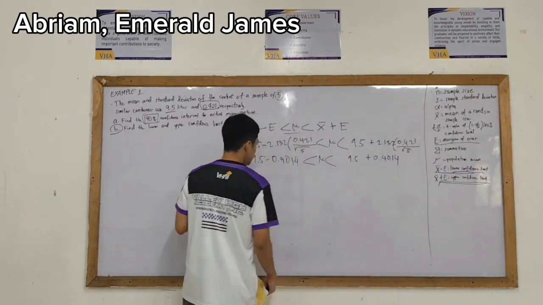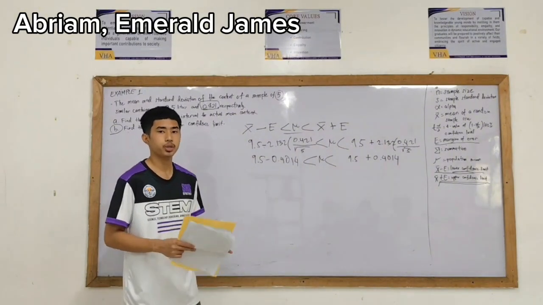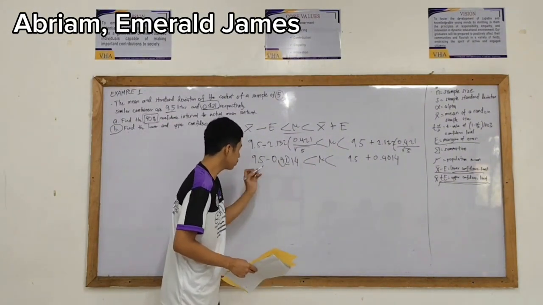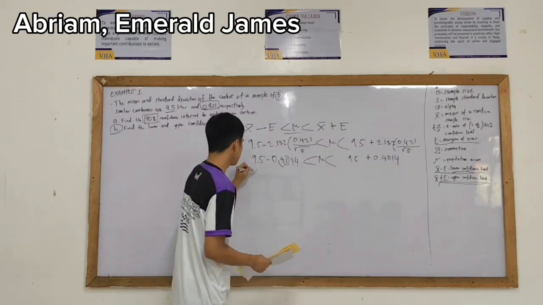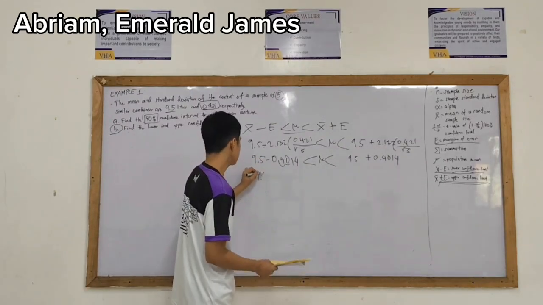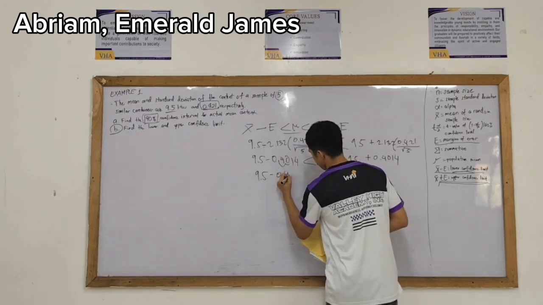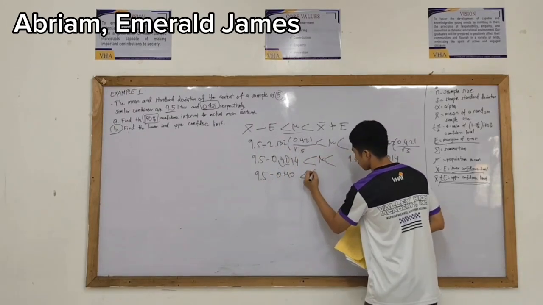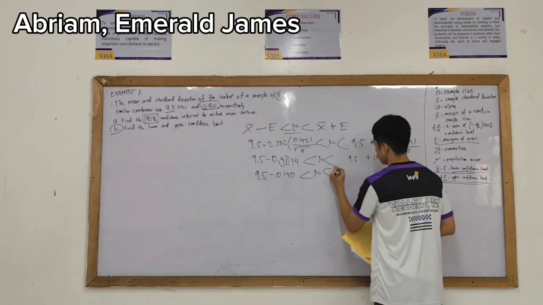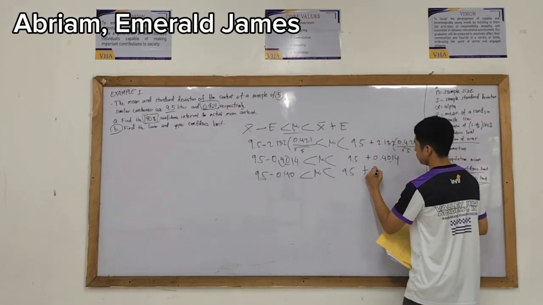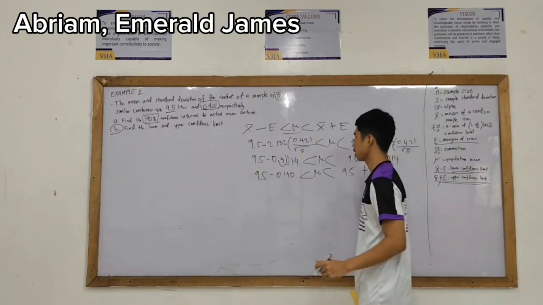So the next is get the two decimal places of this. So we move on. The answer is 0.14 and copy again. Minus 0.14, plus 0.14.